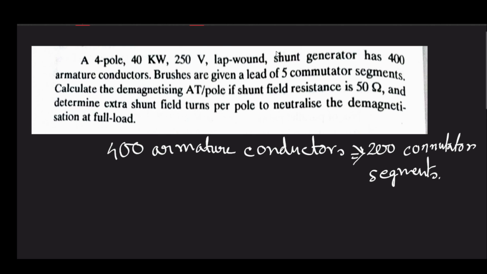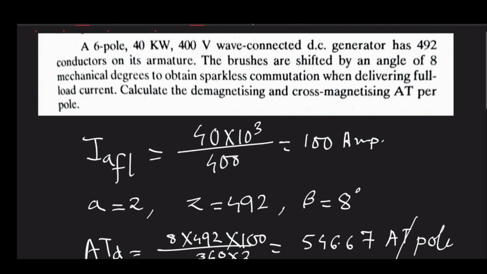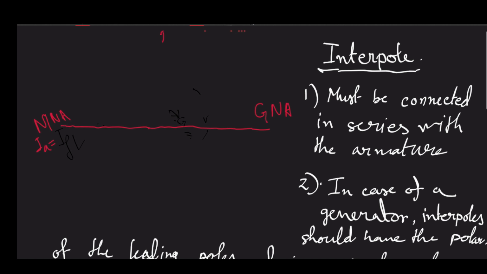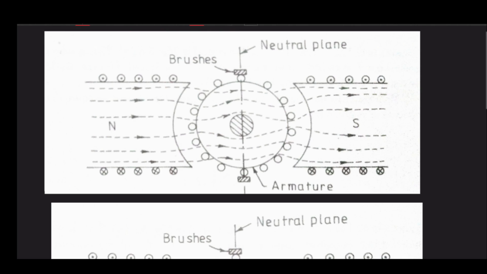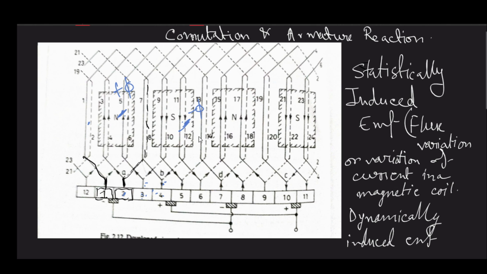Let me show you. Here you can see the total number of conductors present is 24, started with 1 and total 24. So 24 conductors are here. How many commutator segments do you have?